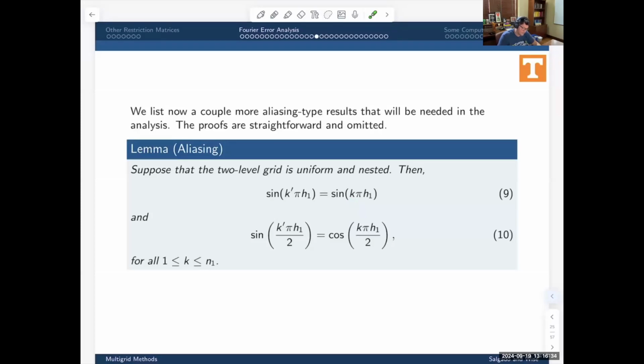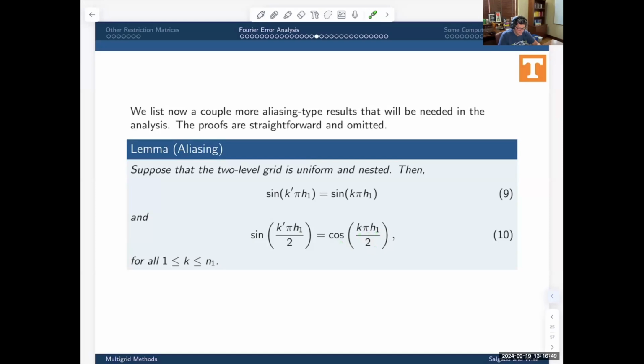The first one is that the sine of this reciprocal wave gets transferred directly into a sine. And if I take the sine of k prime pi h1 over 2, then that gets converted to cosine of k pi h1 over 2.